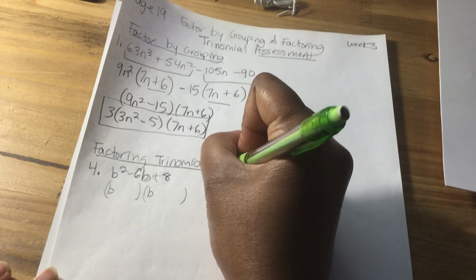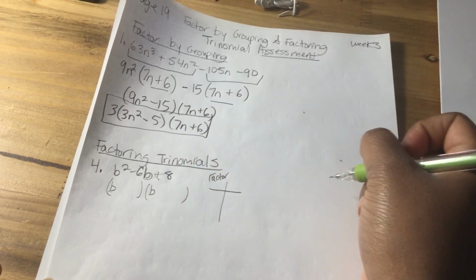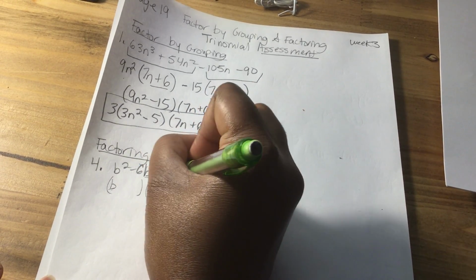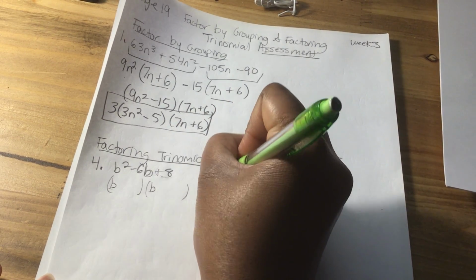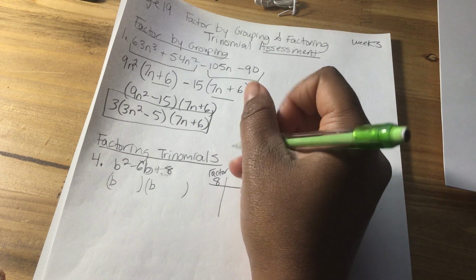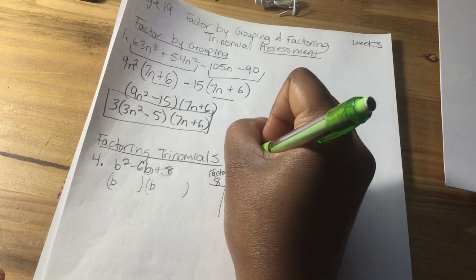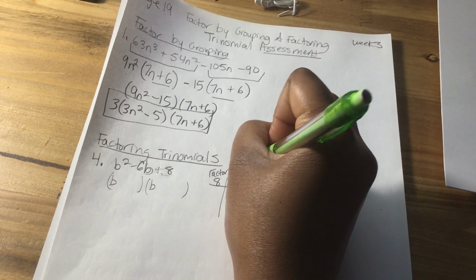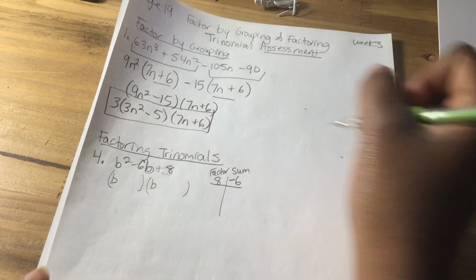So you're going to factor the last number, which is your constant, which is 8. And you're going to see what 2 factors can be added together to give you a sum of negative 6. Okay, we've done this a bunch of times.